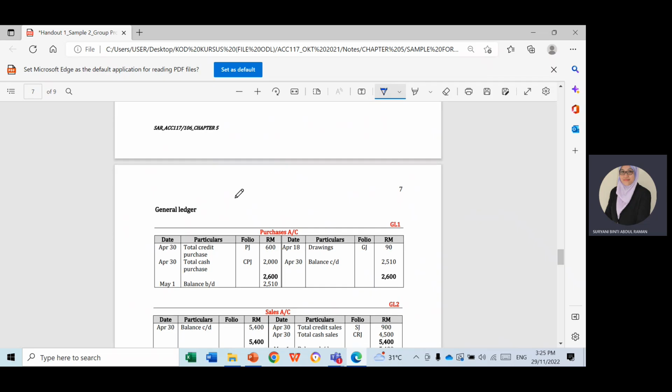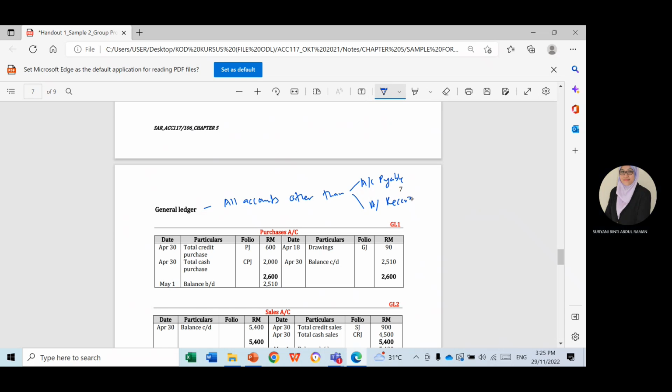And finally is to record the general ledger. The general ledger involves all accounts other than what? Other than accounts payable and accounts receivable. These two are not classified as general ledger. Therefore, everything other than that is recorded under the general ledger.